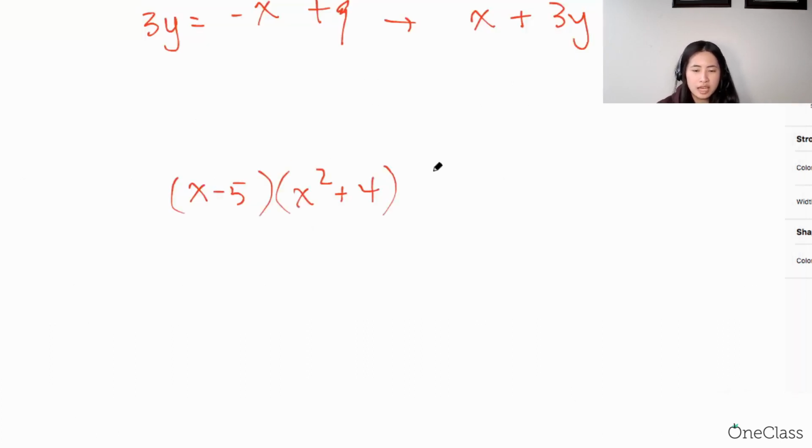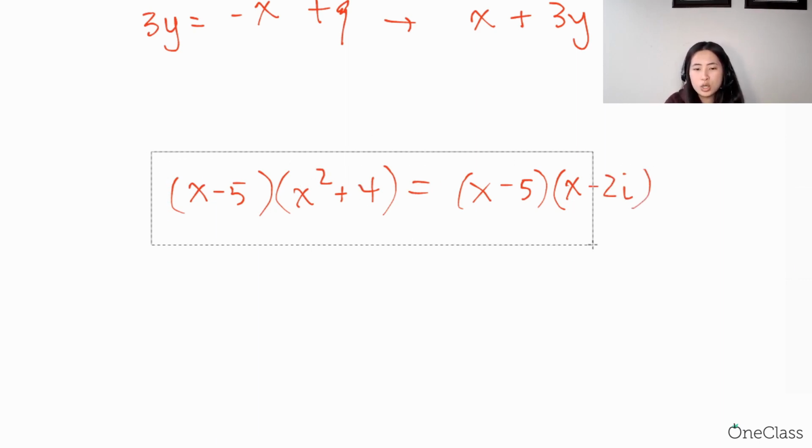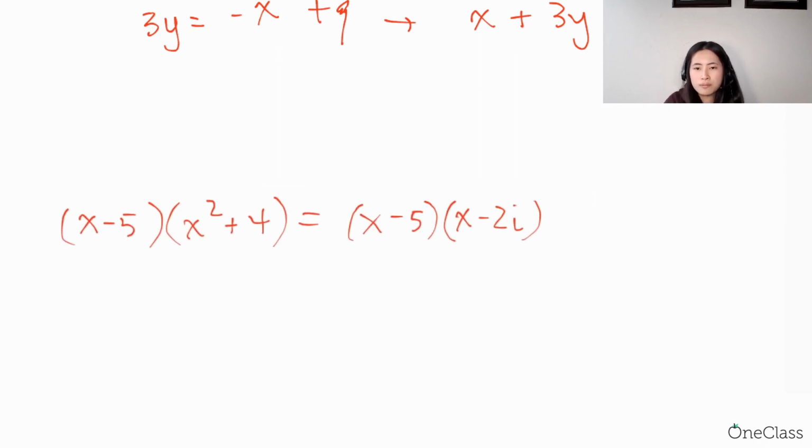So when they're trying to say that, you can actually expand this and say, okay, you have x minus 5, and then basically this is going to be x minus 2i. The only way for you to factor this is to have imaginary numbers. So x minus 2i, and this is basically x plus 2i, right? So these are the conjugates of each other, because this is minus and this is plus. That's what they mean by conjugates.